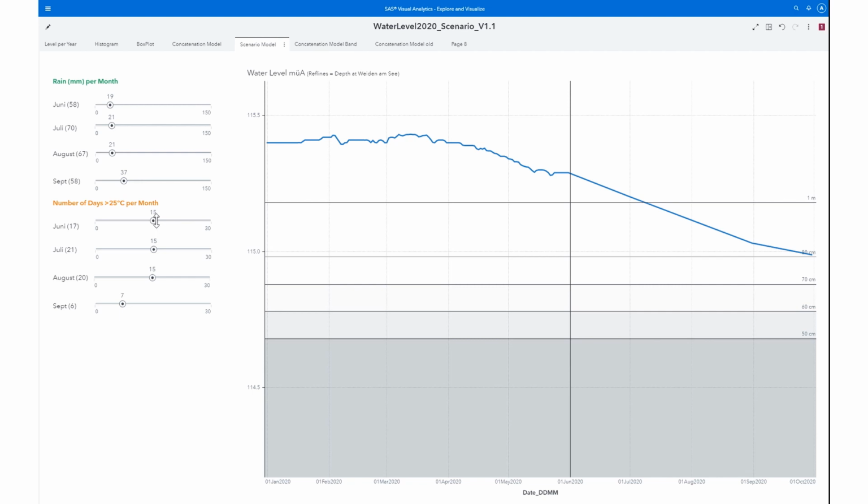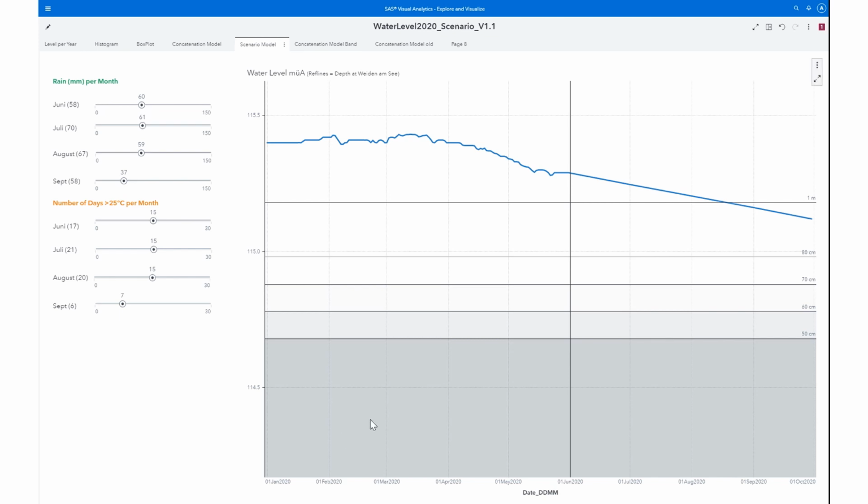And we learned from the regression model earlier on that we are losing 3 millimeters per day on a hot day. And if we also increase the rain to something like 6 centimeters per year, this would be a scenario where we say, okay, we are losing something, but it doesn't look too bad. It might be quite a summer where at the end of the summer we still have some water to sail.